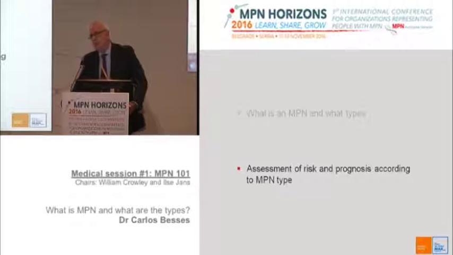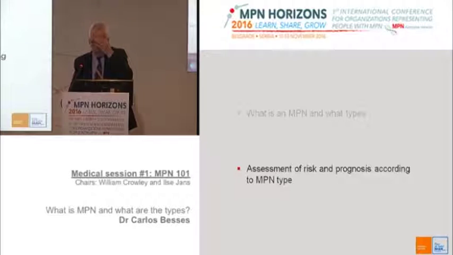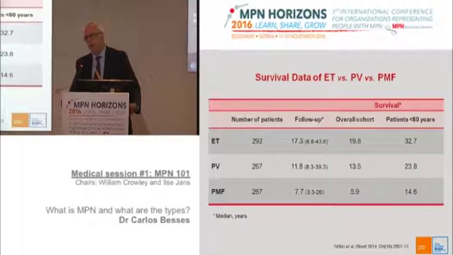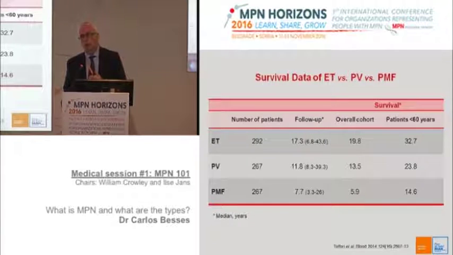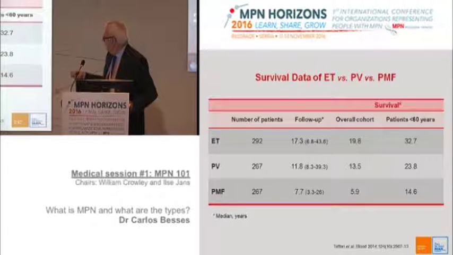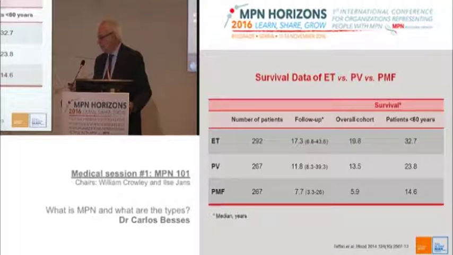How do clinicians assess risk and prognosis according to the MPN type? How do we do it in clinical practice? So these are the survival data of ET, PV, and PMF based on a very well-followed cohort of American patients with these three diseases. And you can see that ET has a median survival of 20 years, practically normal, only slightly reduced.